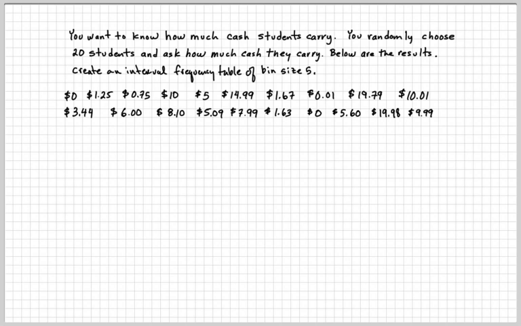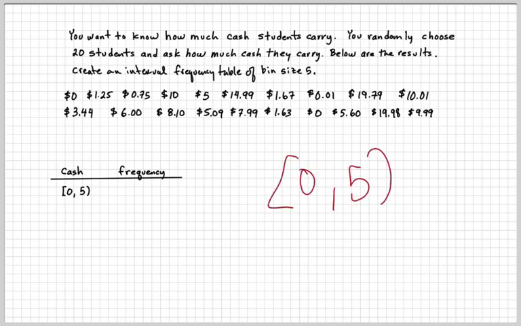So in this case, I think I'm going to start with 0. Now, you're going to have two columns: the cash, which is the bins. What are you studying? Cash. And then the frequency. How many times in that bin do you have those values? So because it's bin size 5, I go from 0 to 5, right? 0, 1, 2, 3, 4, but not 5, right?